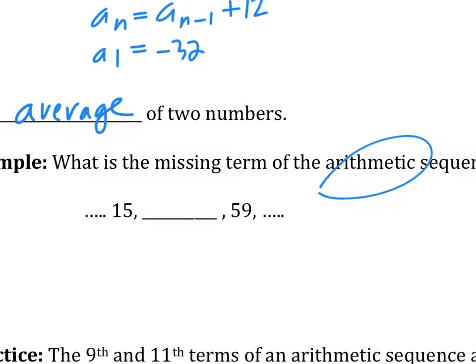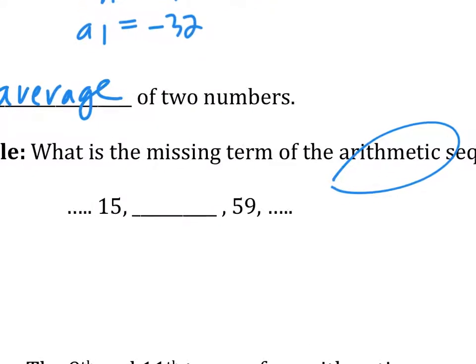So I'm going to show you the long way, and then I'll show you the short way, because the long way, you will be able to solve anything. The short way is only applicable in this case. To get to the next number, we would add D, right? Because it's arithmetic.